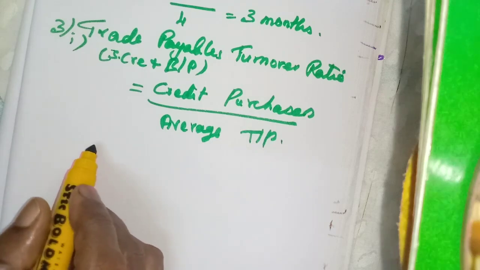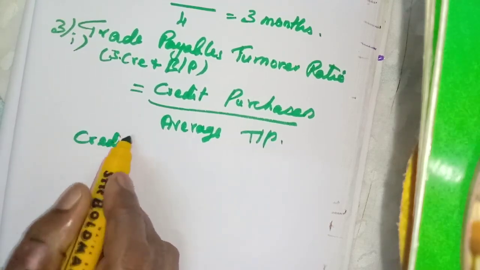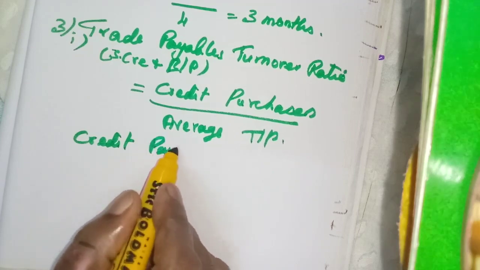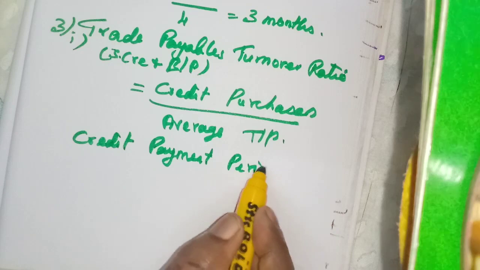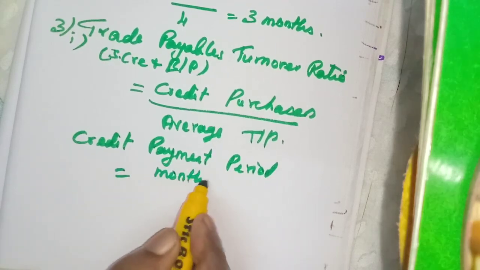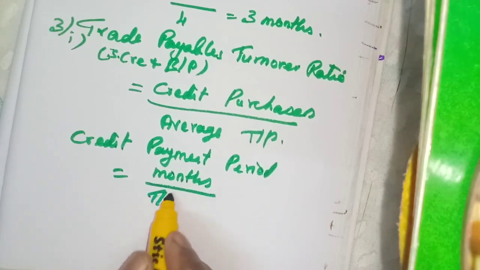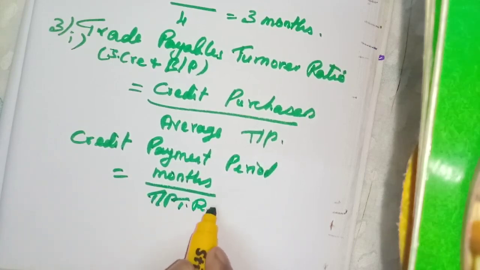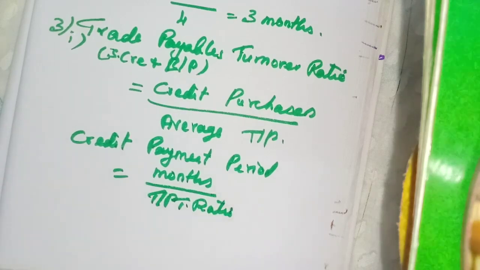Here, credit payment period means within how many months we are able to pay the credit. In the same way, number of months in a year divided by this ratio, the trade payables turnover ratio. We need to calculate.